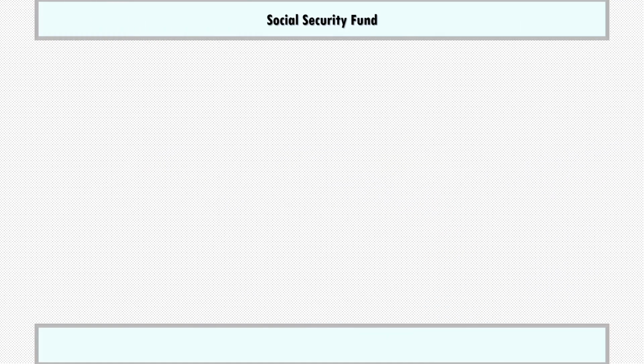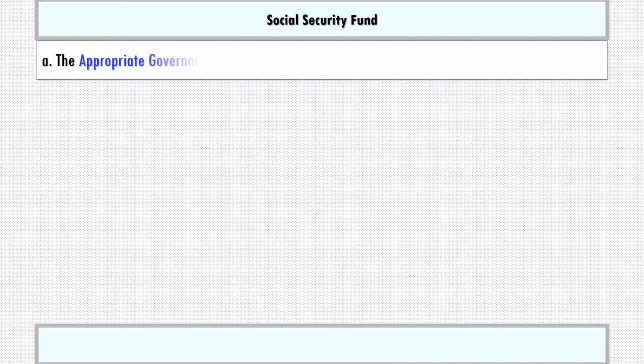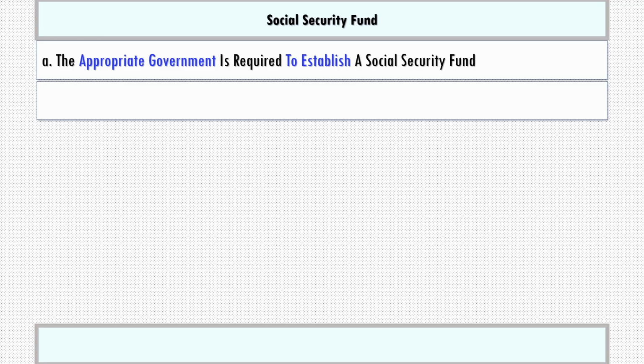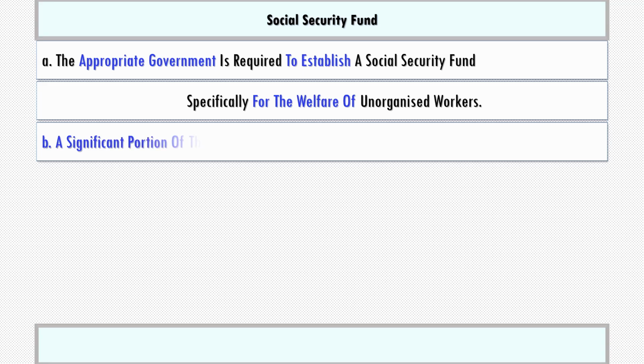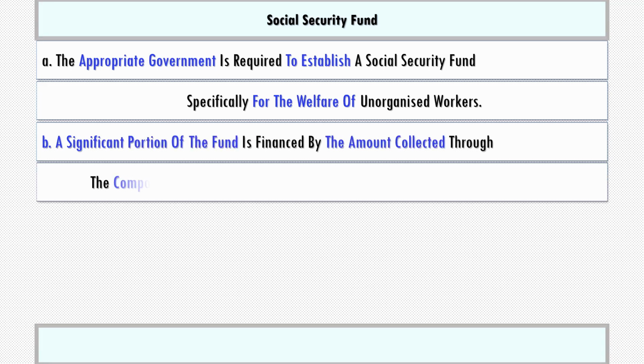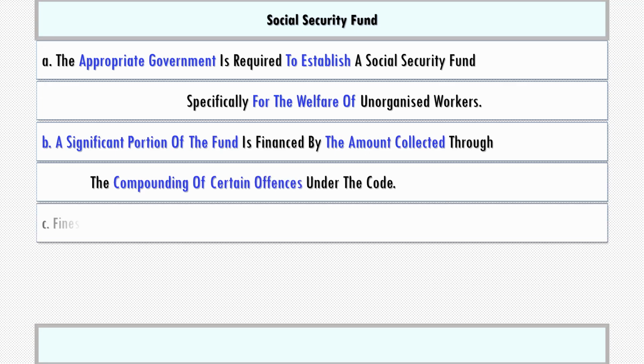The code introduces a social security fund to be set up by the appropriate government for the welfare of unorganized workers. A significant portion of the fund is financed by the amount collected through compounding of certain offences. Fines and penalties imposed by courts are credited to this fund.